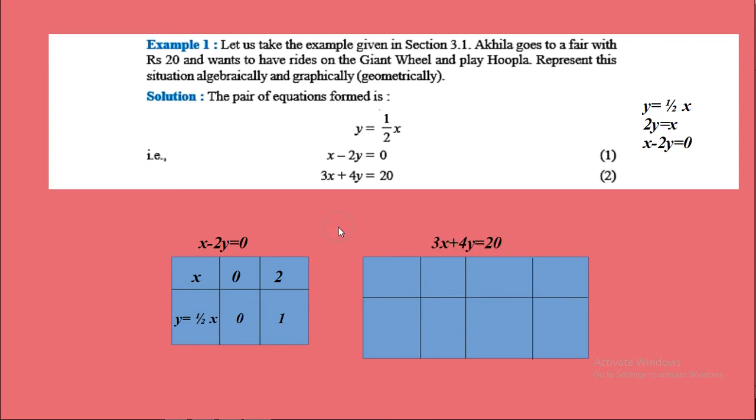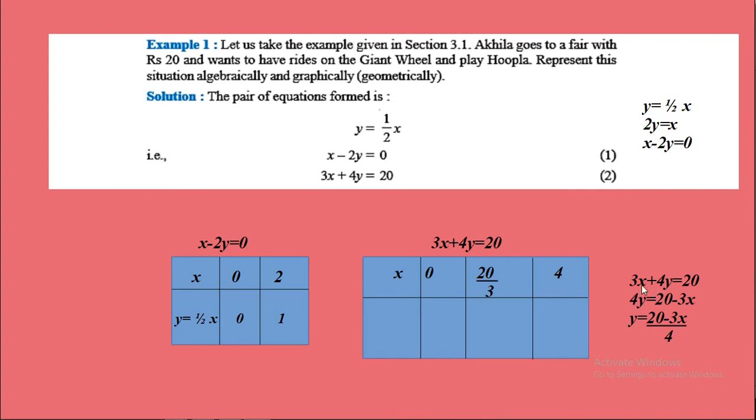The next is the table for the equation 3x plus 4y equal to 20, and we are giving some values for x as 0, 20 by 3 and 4, and from this equation we have the y value equal to (20 minus 3x) by 4.